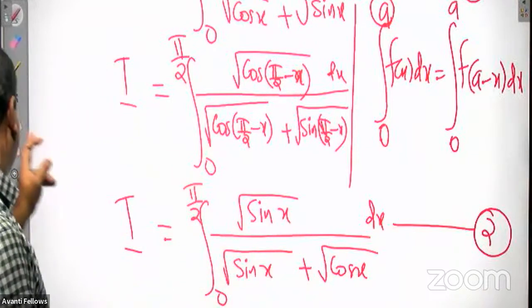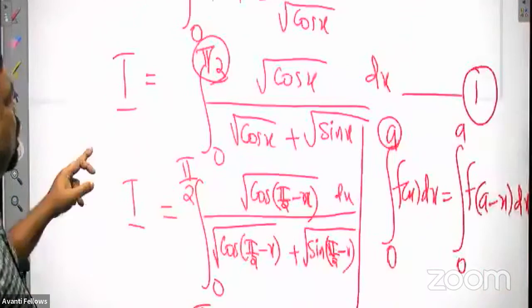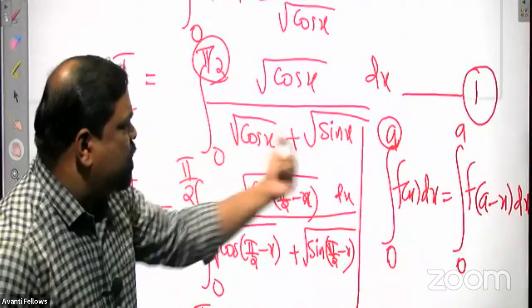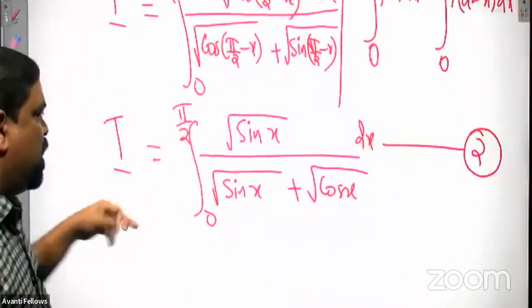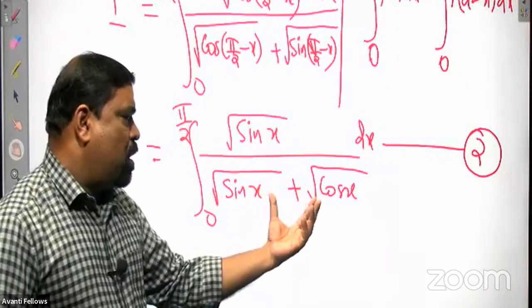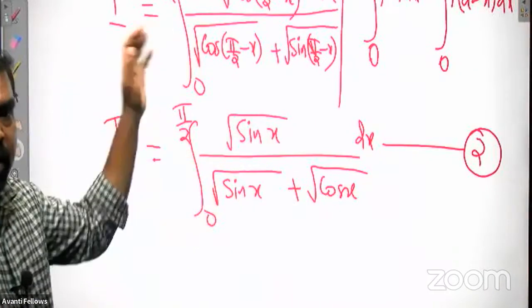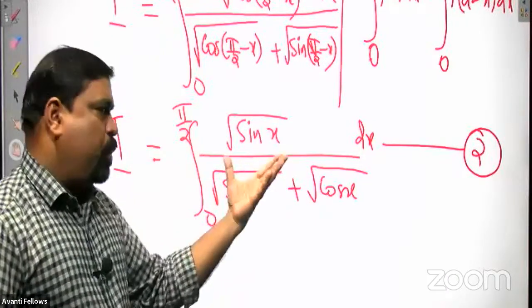Now you compare with the original where we started, equation 1. You see the denominator is the same, root of cos x plus root of sin x. In the second equation, after applying the property, the denominator is also the same. So that means we can add the numerators. Even the answer you can memorize.